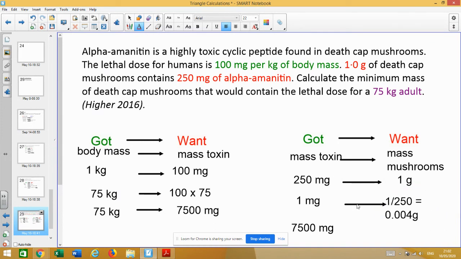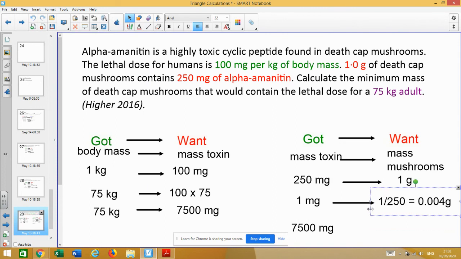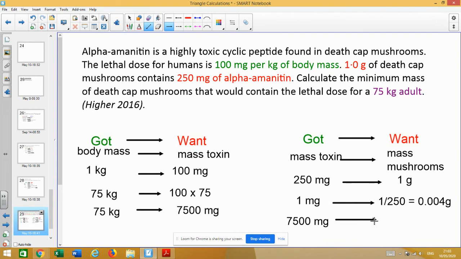I find it helps if you write your units all the way down these questions, because then you're noticing the difference between the grams and the milligrams. So then that's how much we've got for 1 milligram, so we can use our 7500 again. And how many mushrooms would you have to eat for that?